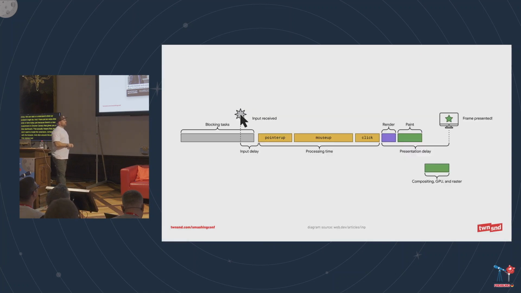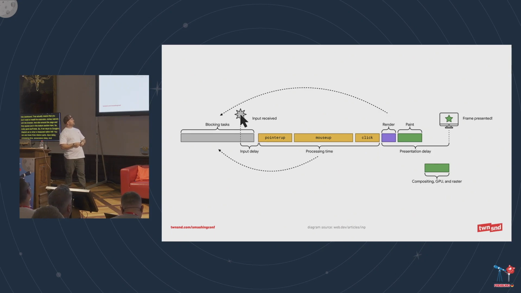So if we return to Google's diagram of what is measured within INP, you can see these three distinct parts. We've got input delay, processing time, presentation delay. And one of the first things to understand here is that our input delay is pretty much caused by other events happening.